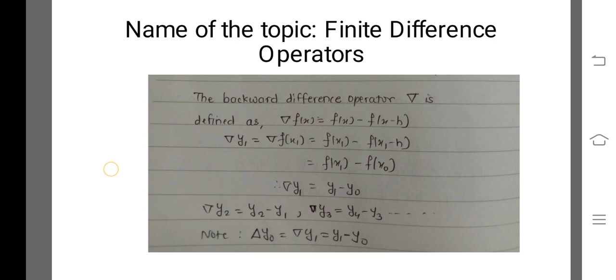As the points are equispaced, x1 minus h is nothing but x0. So del y1 becomes f of x1 minus f of x0, which is y1 minus y0. Similarly, del y2 is y2 minus y1, del y3 is y3 minus y2, etc. Note that delta y0 is the same as del y1, which is equal to y1 minus y0.